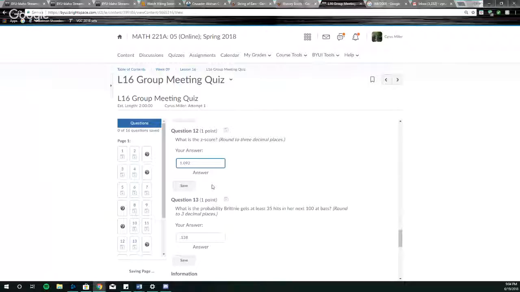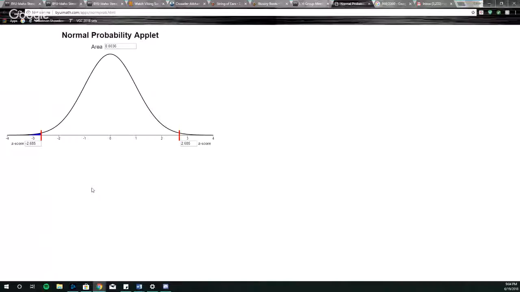And the probability I got 0.126. I probably got this one wrong as well. What do you got on 13? What is the probability, at least? What did you use, the normal probability applet? Yeah. Well, I put in 1.091 for that one. But when I did it the second time, we got 1.092. So let me try with that.